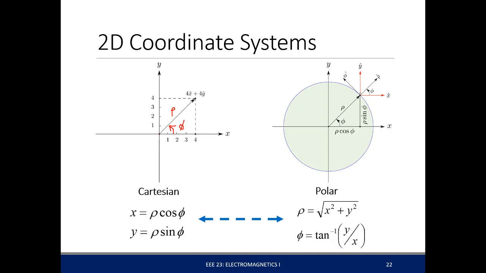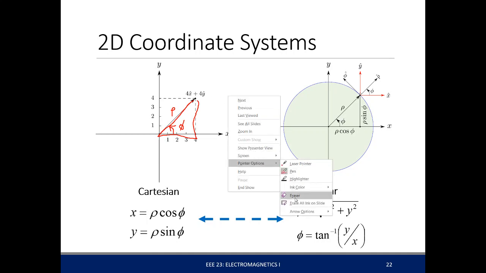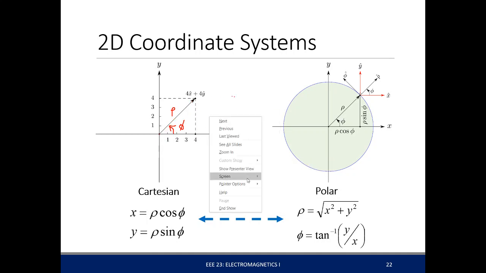So notice that they create a triangle right here. Again, I'm sorry for the crappy drawing. I'm not really good at this, but I'll try my best. So they form a triangle right here. The length of this is y. The length of this is x. So they form a right triangle since y and x are always perpendicular.